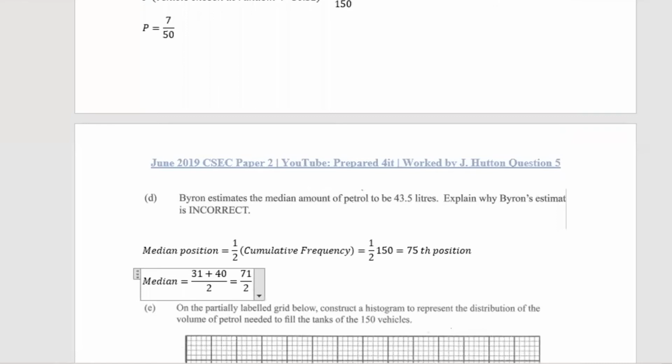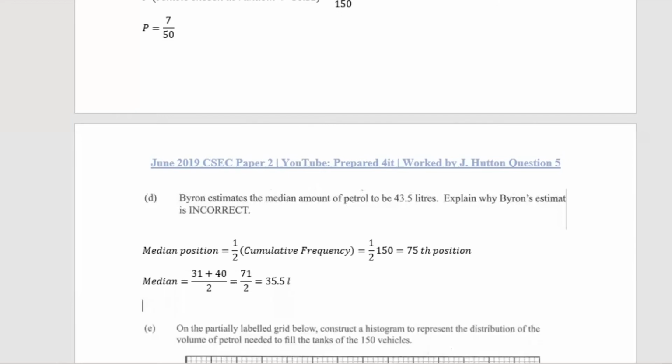And when you do that, what you'll get is 35.5, and this would be liters. So therefore, Byron's estimate of 43.5 liters is incorrect, as the median is 35.5 liters.